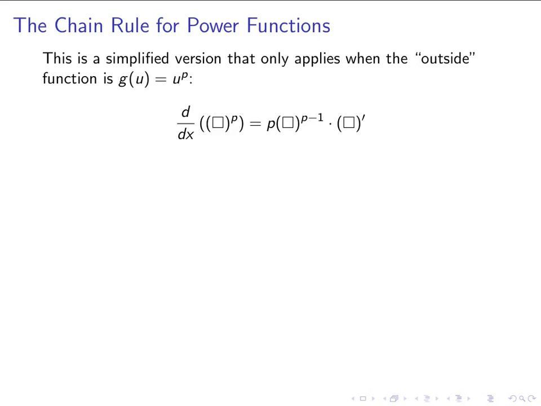It says the derivative of g of u should be the derivative rule for the power, which is just this. The power comes down front, and the power gets reduced by 1, and then times the derivative of the inside. You notice I'm writing these little boxes because I want to emphasize that whatever is inside the parentheses here is exactly the same thing in here and exactly the same thing here.